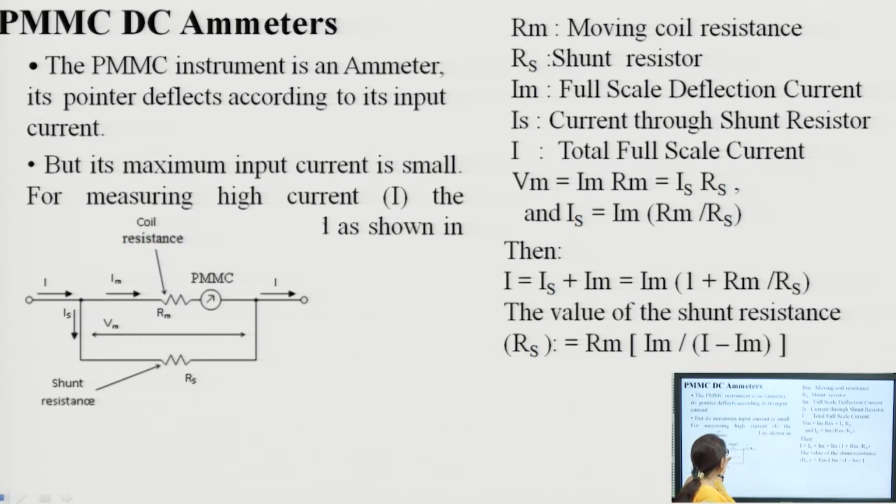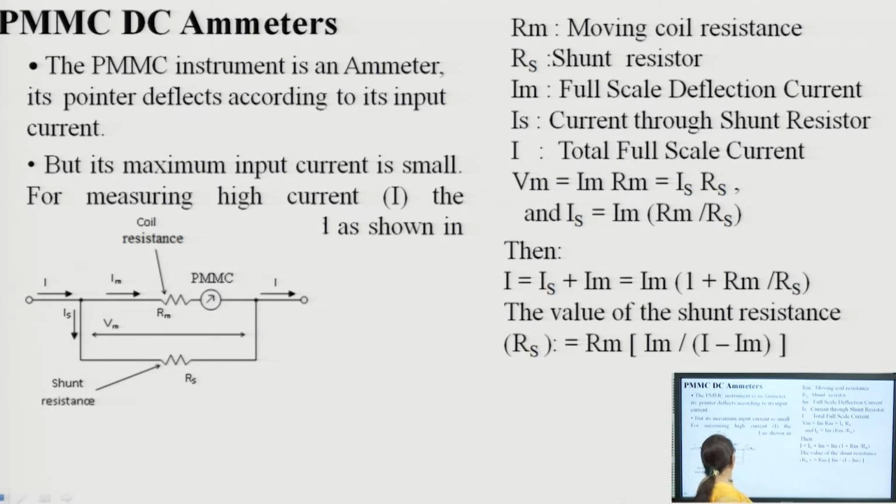Vm is the voltage across this PMMC instrument, so Vm is equal to Im into Rm. Rm is the moving coil resistance, Rs is the shunt resistance, Im is the full scale deflection current, Is is the current through the shunt resistance, and I is the total current which we want to measure.